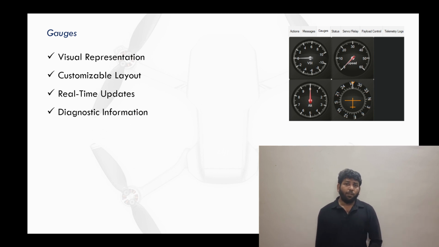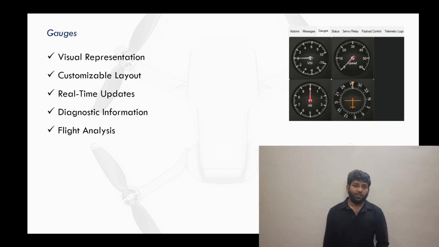The gauge panel may also display diagnostic information about the status of various onboard sensors, systems, and other components. So after a flight, the user can review the data recorded in the gauge panel to analyze the drone's performance, identify any issues, or make adjustments as needed for further flights.